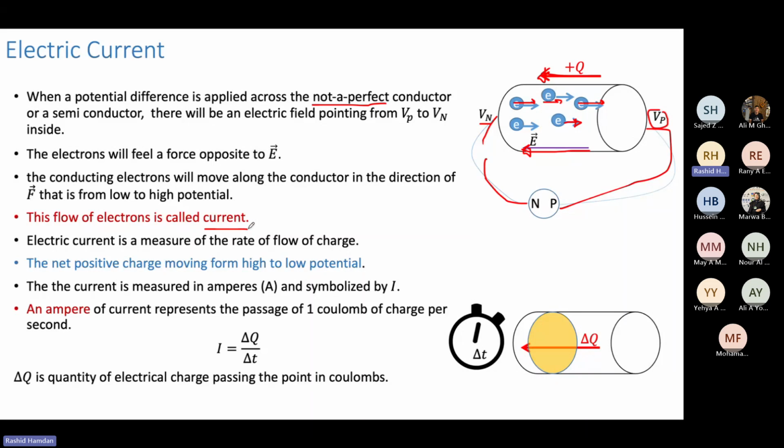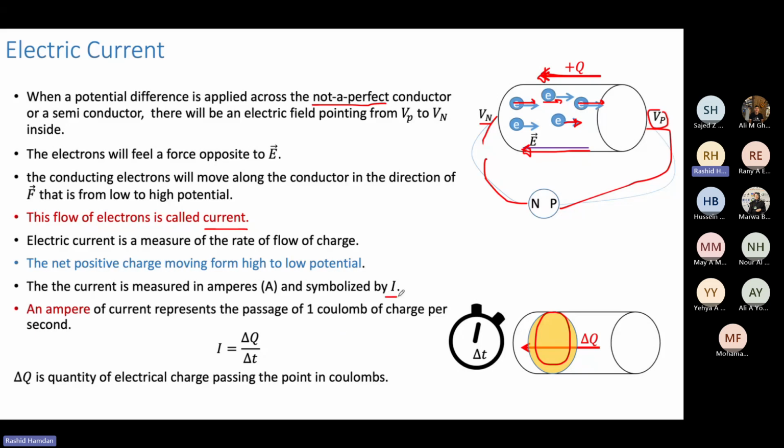If we take any cross section inside this wire and start counting how much charge passes in a certain time interval, say with a stopwatch, 1 second, 5 seconds, whatever, and we count how much charge flows through this yellow surface, the rate at which the charge is flowing, I call that the intensity of the current, or simply current.